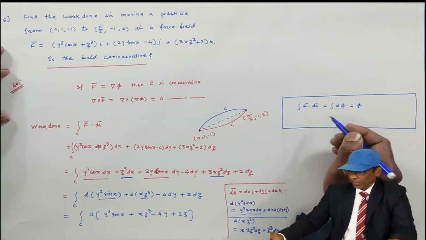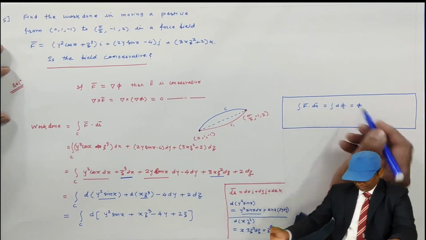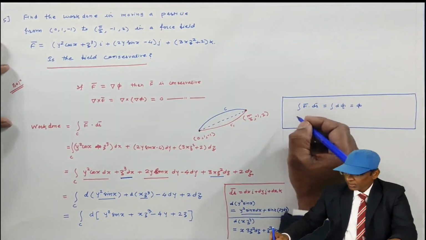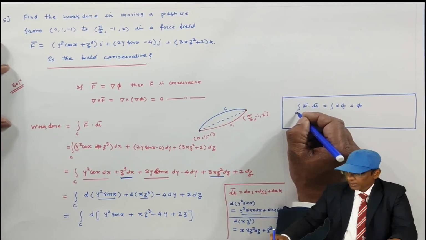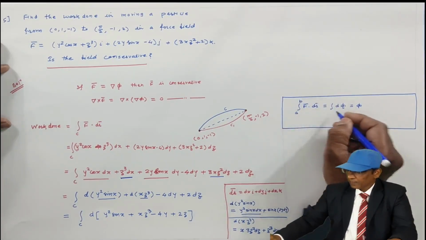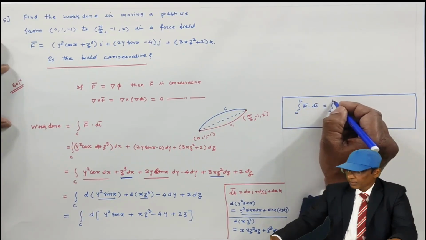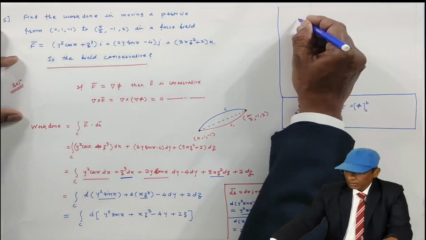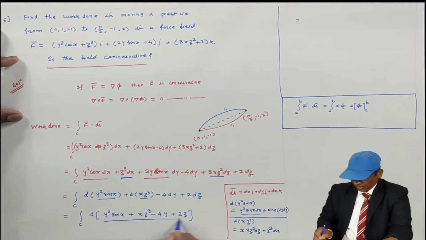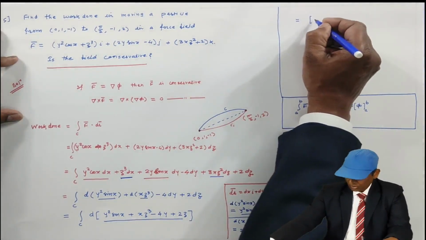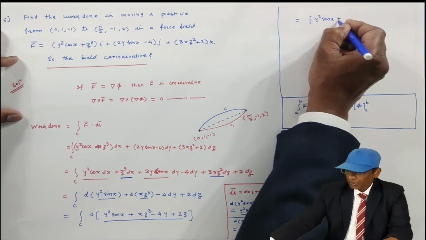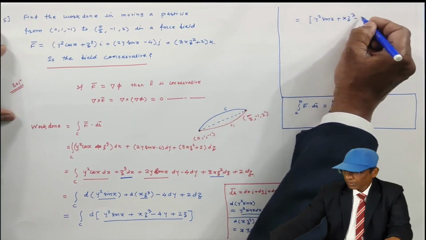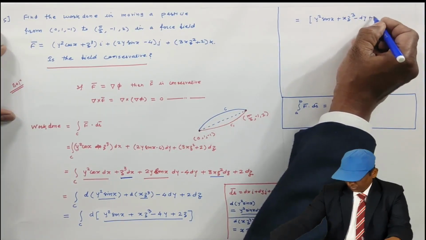To write it this way, the integral of d phi, with lower limit a and upper limit b, after integration gives phi at b minus phi at a. Here this component is phi: the function y square sin x plus x z cube minus 4y plus 2z.